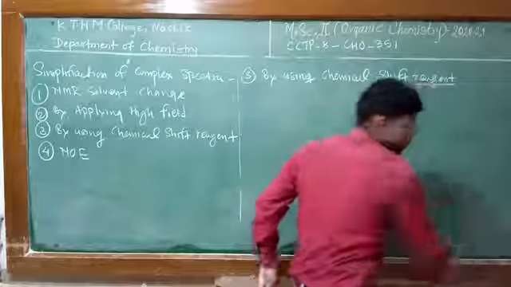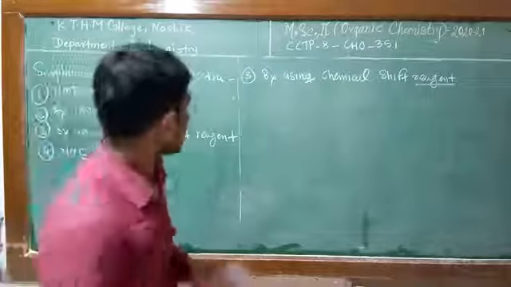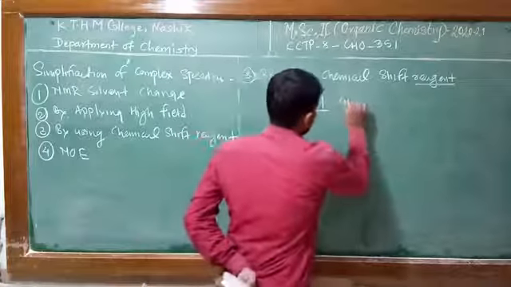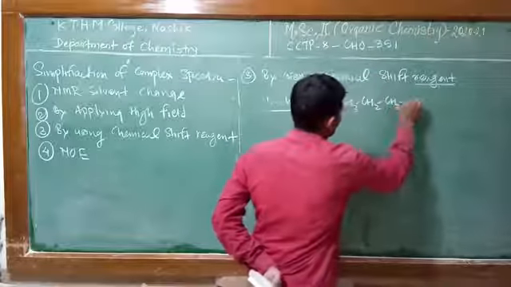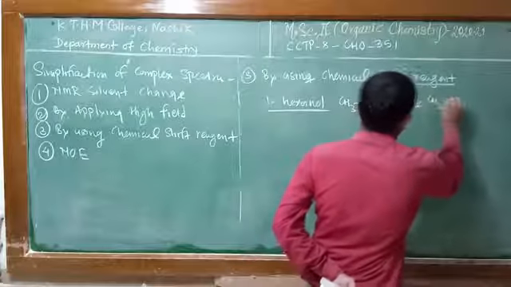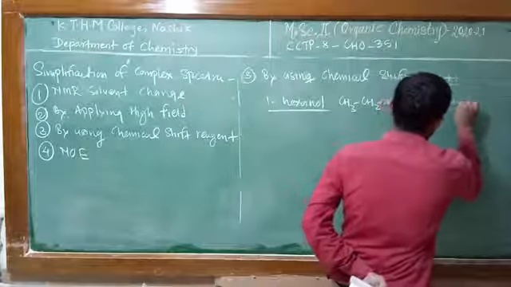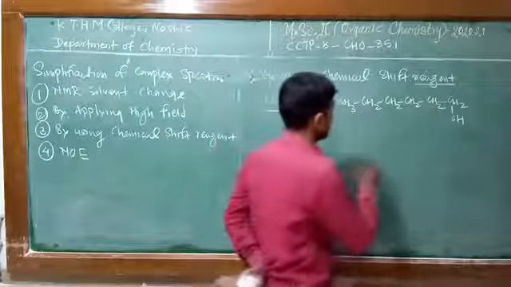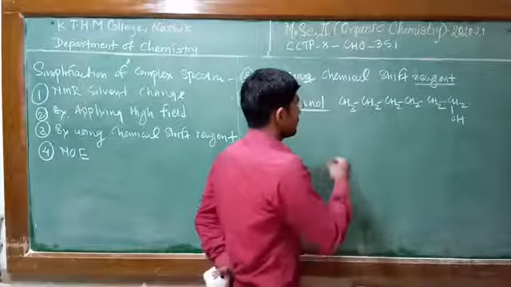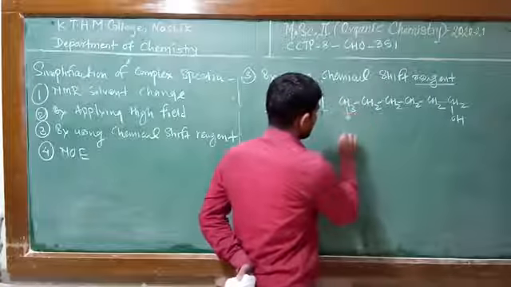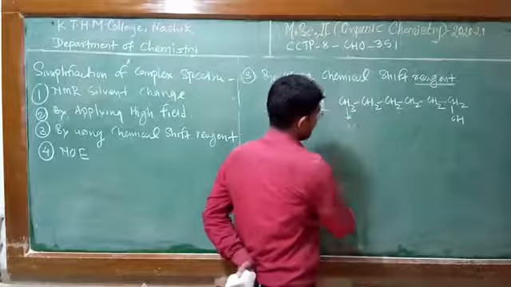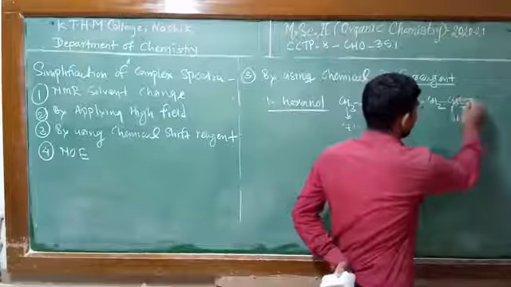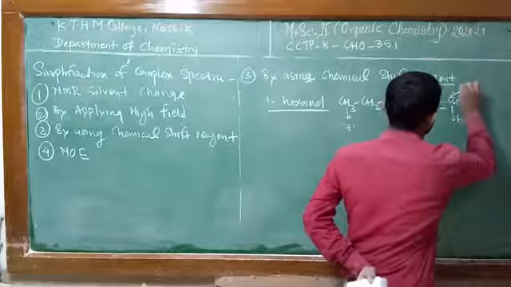So for example, if you consider the spectrum of 1-hexanol, in this spectrum this terminal methyl group gives a triplet signal, while this methylene group next to the OH group also shows a triplet.